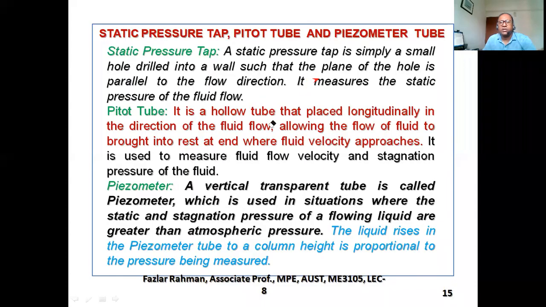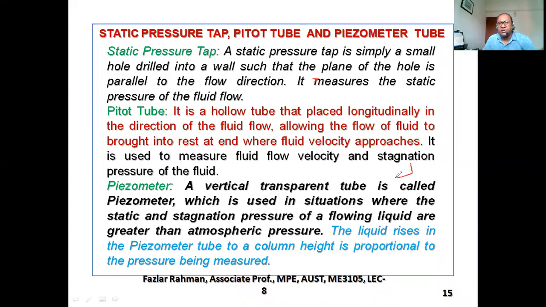It is a hollow tube placed longitudinally in the direction of the fluid flow, allowing the fluid to be brought to rest. That means you stop the flow. It is used to measure flow velocity and the stagnation pressure of the flow. And we'll show you how it works.